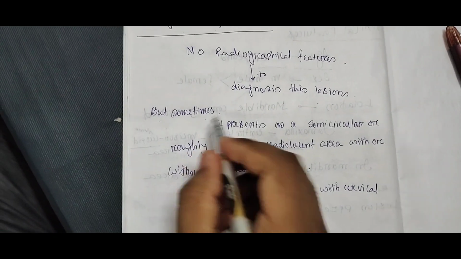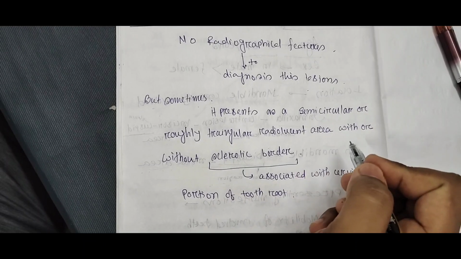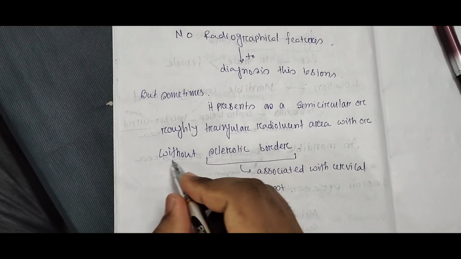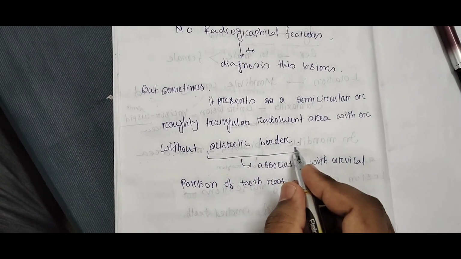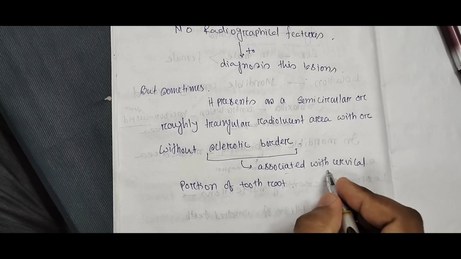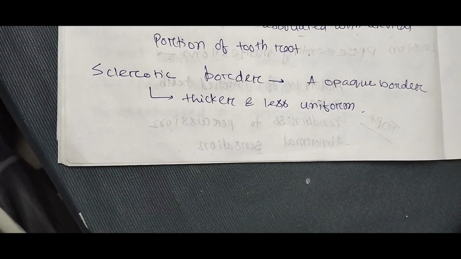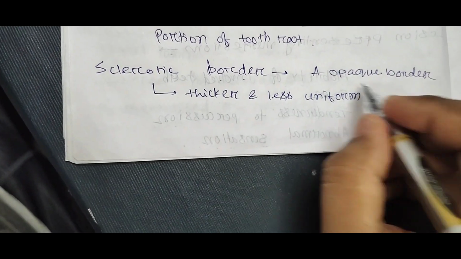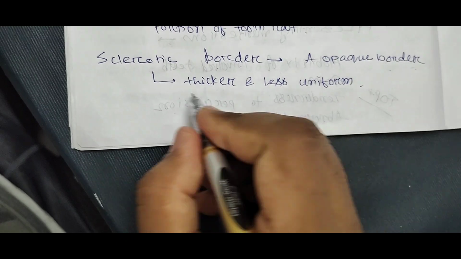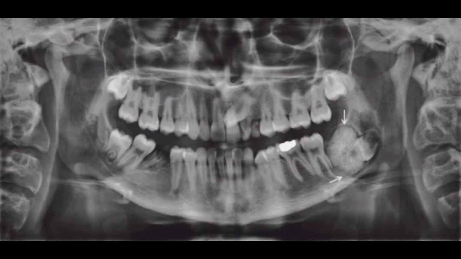But sometimes it presents as a semicircular or roughly triangular radiolucent area with or without a sclerotic border, and this sclerotic border is associated with the cervical portion of the tooth root. Now, what is a sclerotic border? A sclerotic border is an opaque border which is thicker or less uniform.